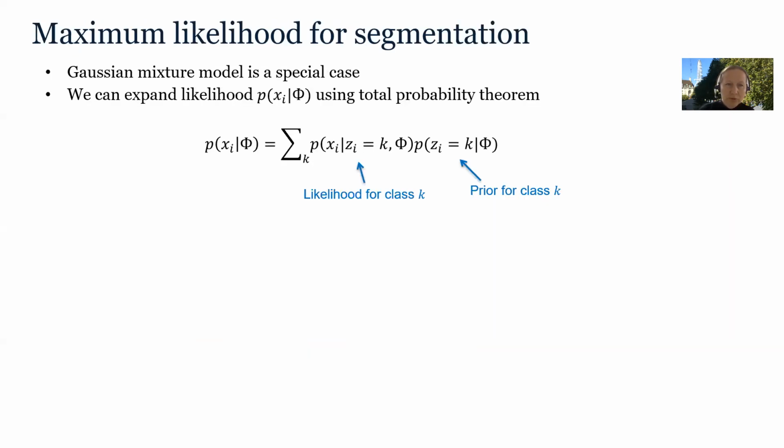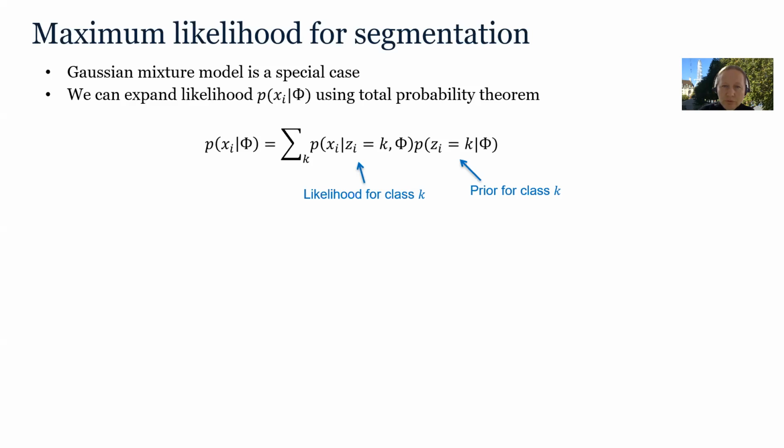So let's now have a look a bit more theoretically at this maximum likelihood approach for segmentation to see how we could further extend it. The Gaussian mixture model is really just a special case of this maximum likelihood approach. To see how this can be done, let's see how we can expand this likelihood term. That's a likelihood of observing certain intensity in the image, irrespective of the class, given the model parameters.